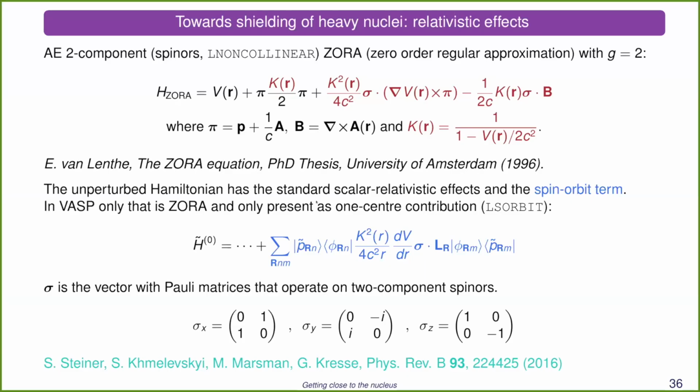Of course, you can do something else, but this is very natural because in VASP you have a 2-component ZORA-like spin-orbit interaction already present that you see over here. This one now in PAW language, and this goes into the unperturbed problem. So in the self-consistent calculation you do before applying the magnetic field, there is no field here, you just apply this one-center spin-orbit correction.